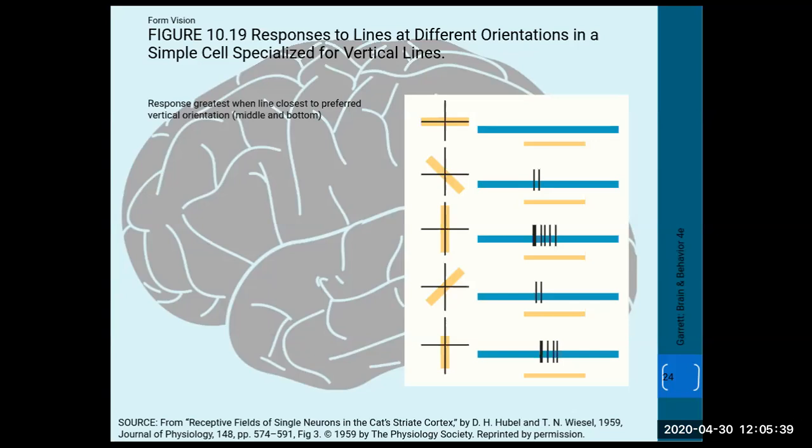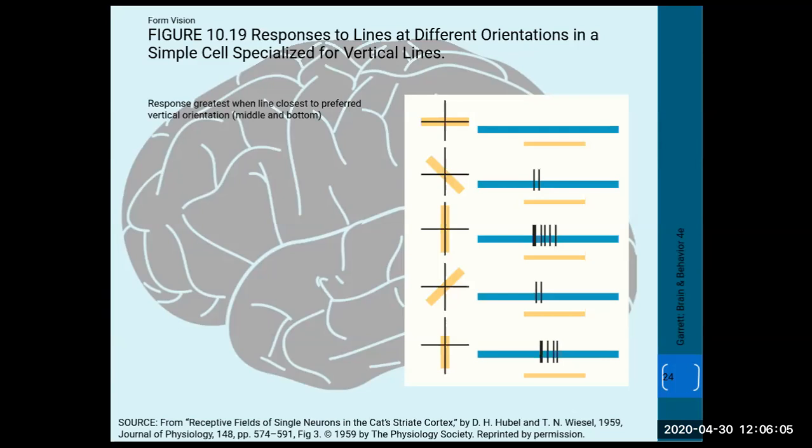So that's simple cells in V1. They only respond to a particular line at different orientations, vertical, horizontal, and we get some sort of input for diagonal and circular and things like that. So the combination of different simple cells gives us sort of our idea for edge detection or the shape or outline of certain things.